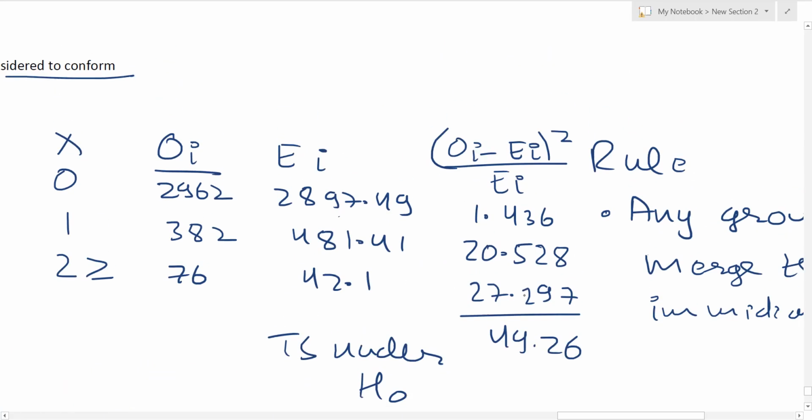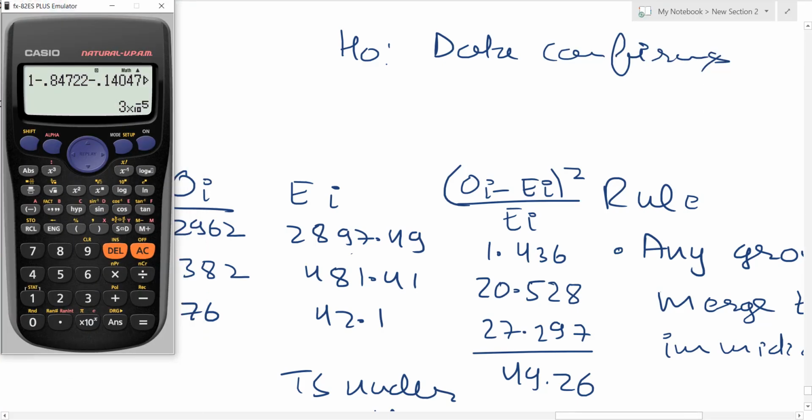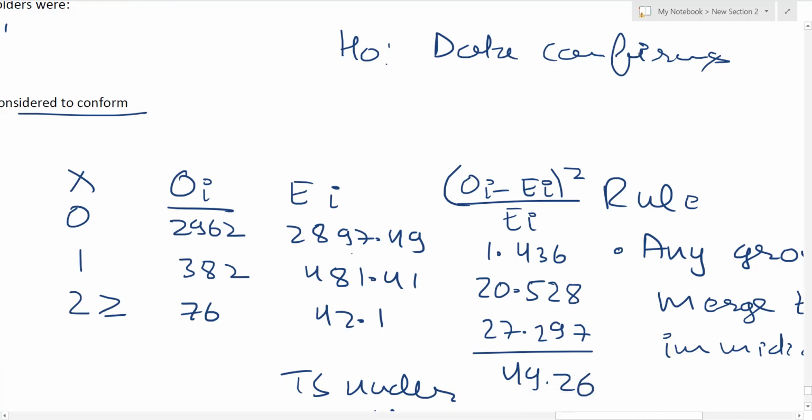Now you need to define your hypothesis. Obviously, H naught is that the data conforms to Poisson distribution.